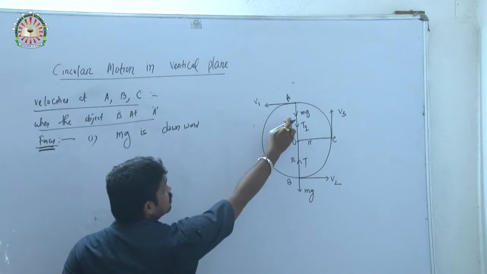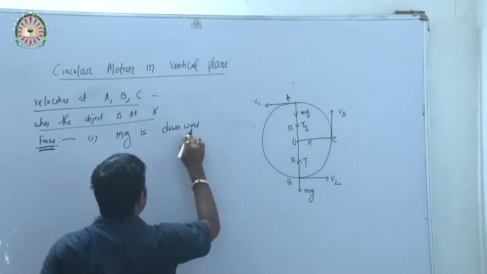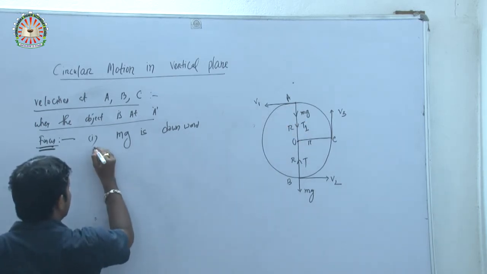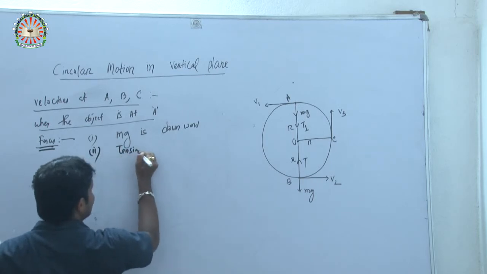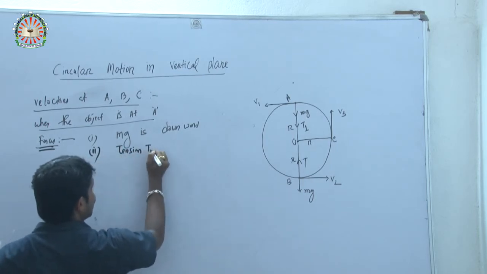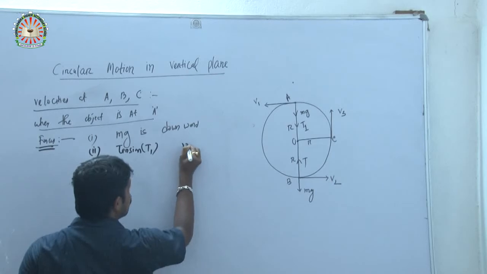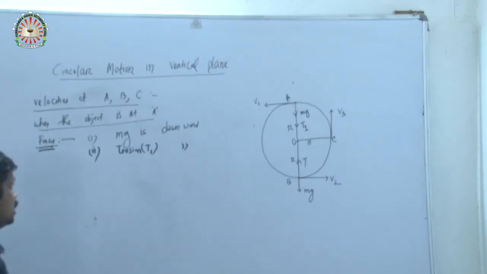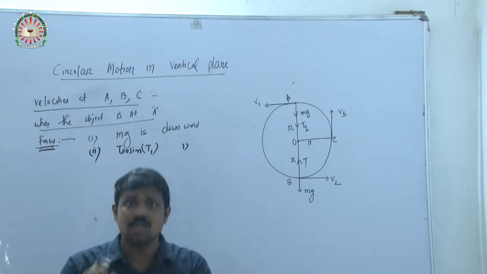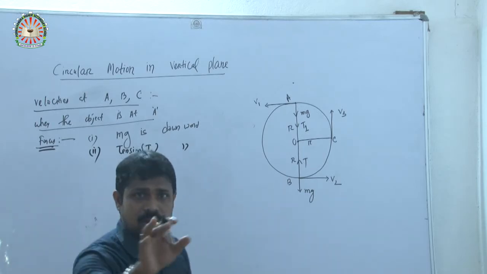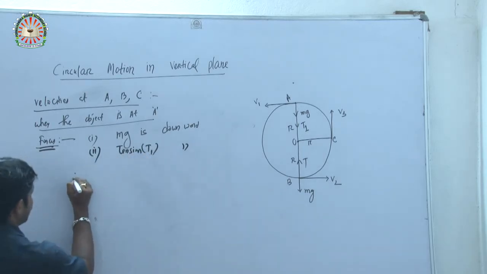One, look at here, the weight mg is downward. Number two is your tension, T1, also downward. Clear? So these are the two forces which balance the necessary centripetal force.